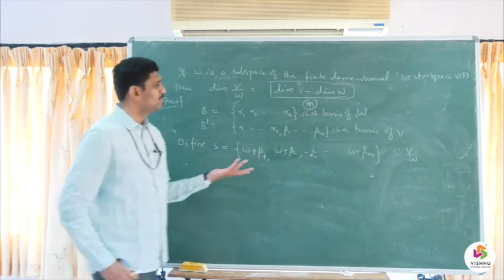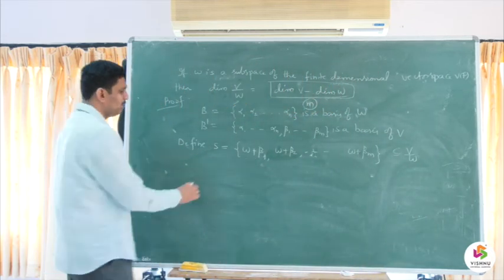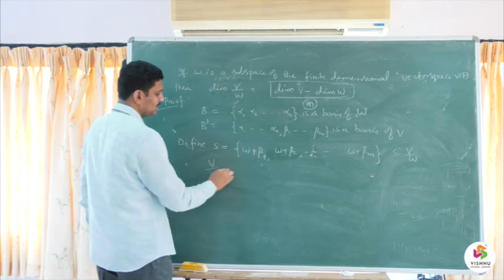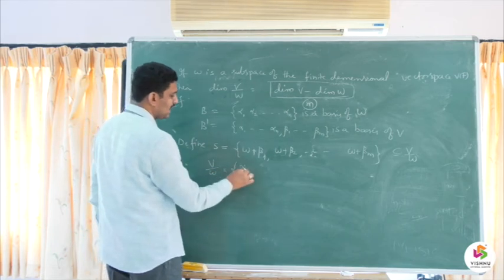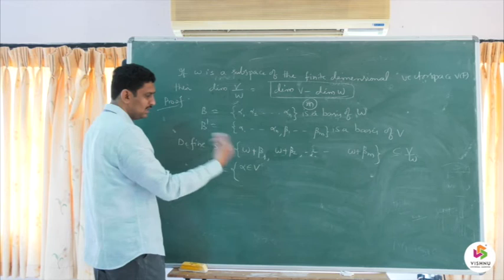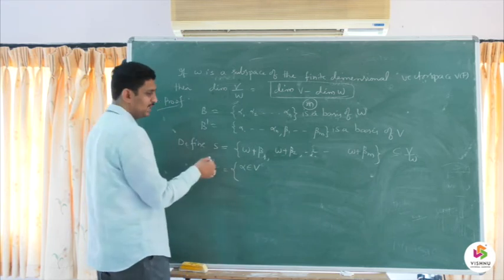Why? Because the definition of V by W is given by: if you take any vector alpha in V, then the corresponding coset will be here.